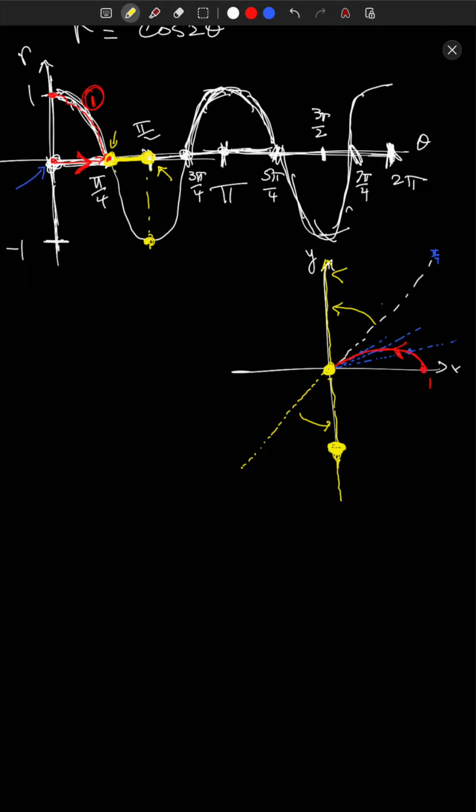When theta is pi over 4, r is 0, and then the magnitude of r gets bigger and bigger until, when theta is pi over 2, we're there. So the picture turns out like that. Let me draw this arrow here again, traveling in that direction. The arrow represents what's going on as we travel from pi over 4 to pi over 2. All right, next.